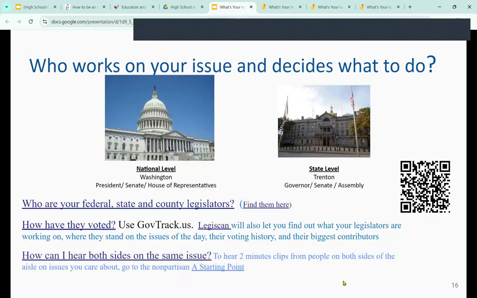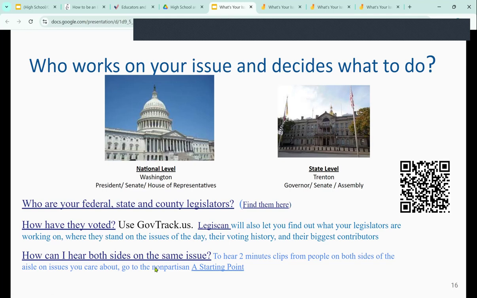There is another website that I found that I am really intrigued by. It's called A Starting Point, and it allows you to hear opinions on both sides of an issue. The reason I think that's important for kids to know is that if they're going to be working on an issue, they also have to anticipate what the pushback is going to be.